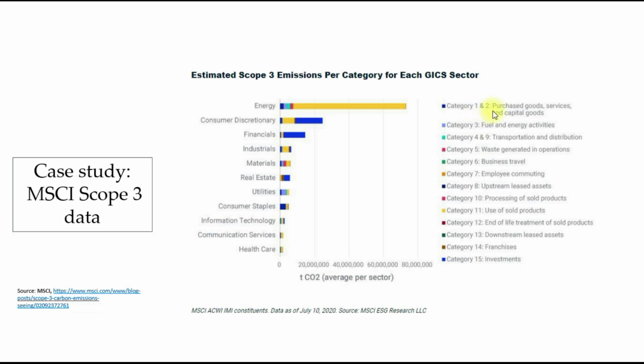So you have categories 1 and 2, purchased and capital goods, all the way through to processing of sold products, use of sold products, through to franchises and investments. We can see from the energy companies where the various breakdown is, to real estate, and so on and so forth. How does this look from your industry? Have you already measured your emissions, and do these compare with the data being shown by MSCI scope 3 data?